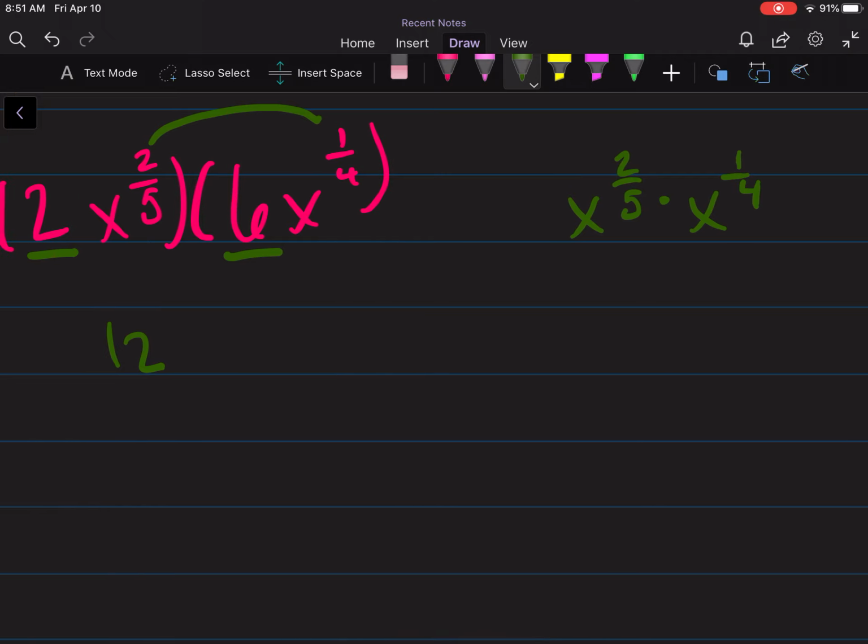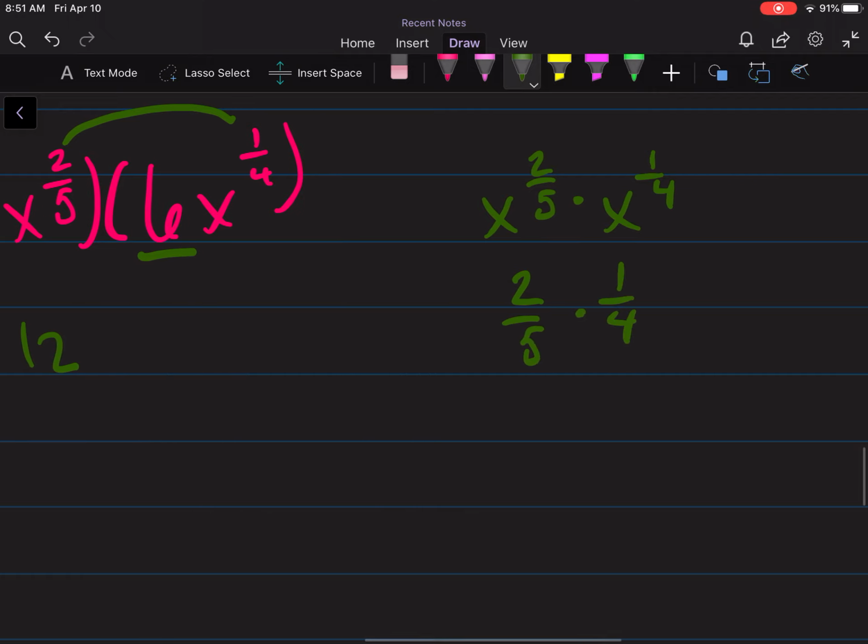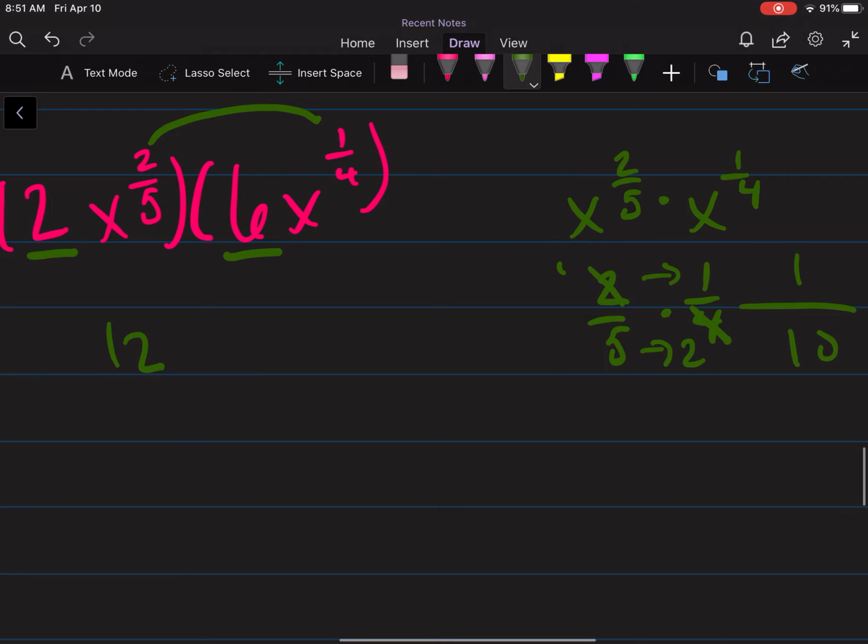To do fractions, when you're multiplying 2/5 times 1/4, the first step is to reduce, and that 4 and that 2 can reduce to 1/2. So now we're going to go straight across the top and straight across the bottom to get 1/10. So don't drop our x, so we have 12x to the 1/10. And that is your problem.